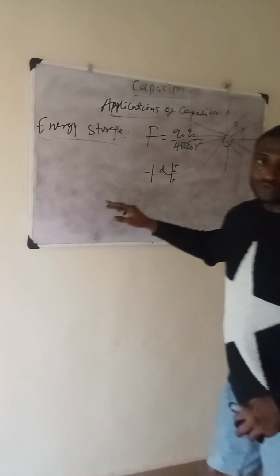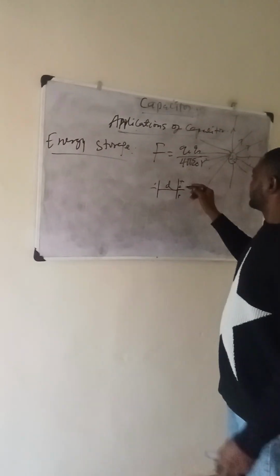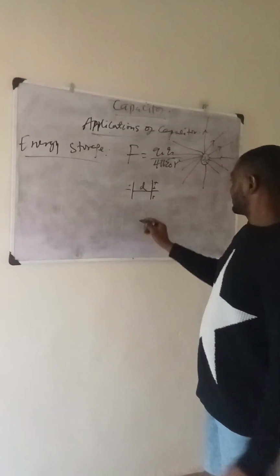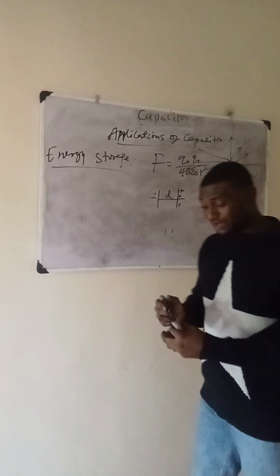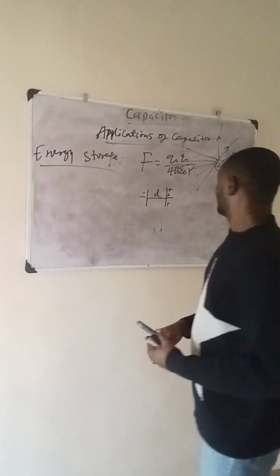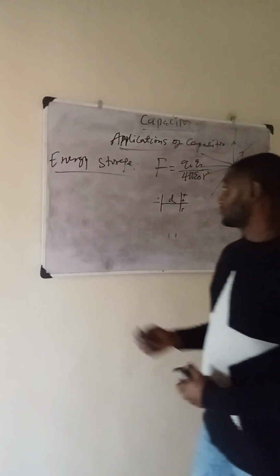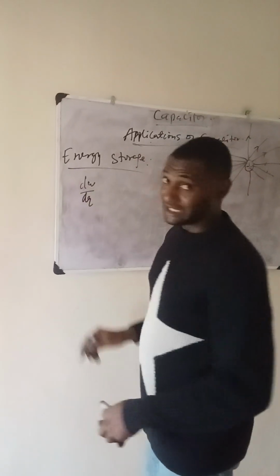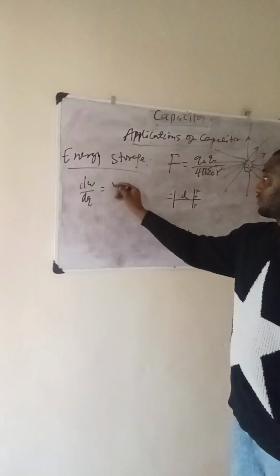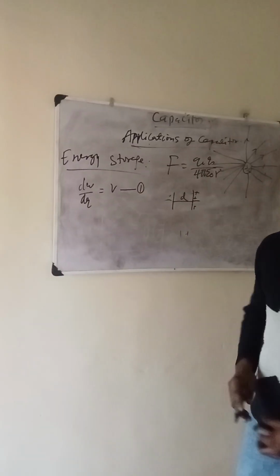There is work you need to do to move an electron from here to the other point, to dislodge it. Remember, this will move through a wire. So that work can be derived. The little work done by a unit charge is equal to V. Let's say this is equation 1.